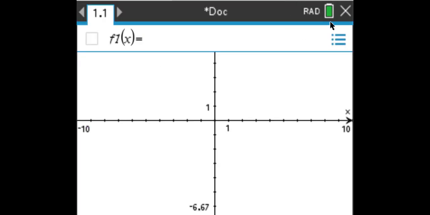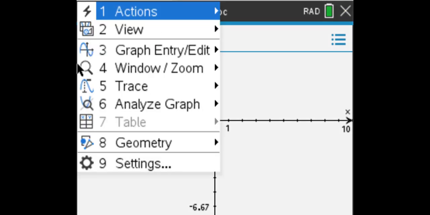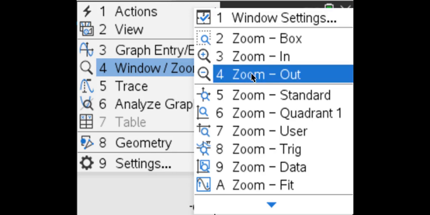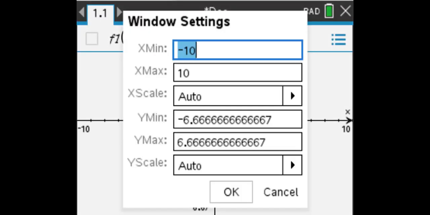We need to make sure our calculator is in radians, in the top right hand corner of your screen. And we're going to change our window. So window settings, we're going to go from negative pi up to 4 pi. So 2 revolutions on the positive x axis.